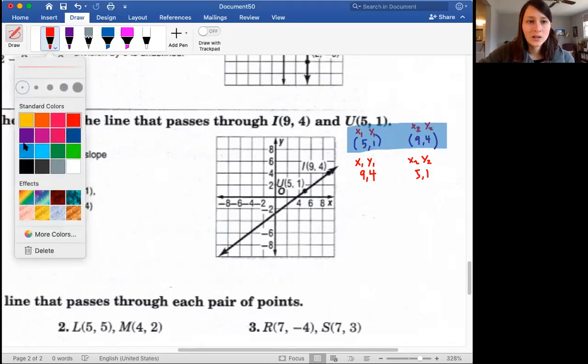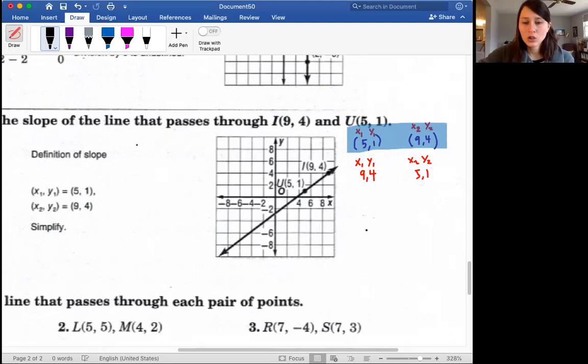The equation for finding slope is to subtract your y's. So we're going to do y2 minus y1 over x2 minus x1. And you kind of did this already. You just didn't have this equation written out for you.